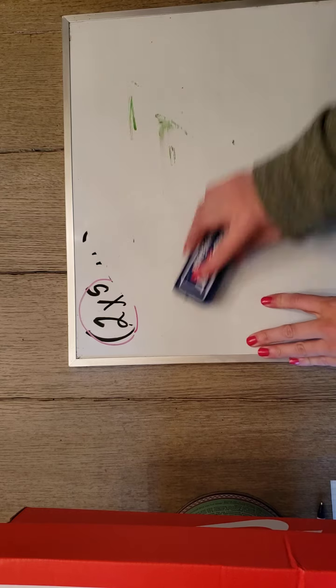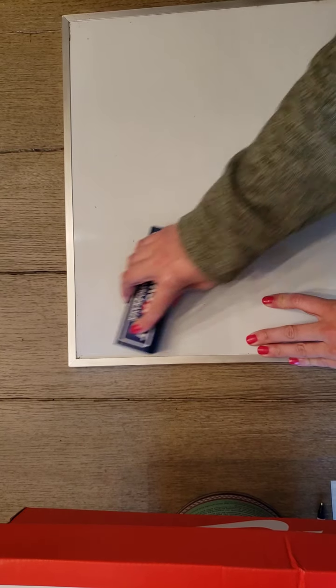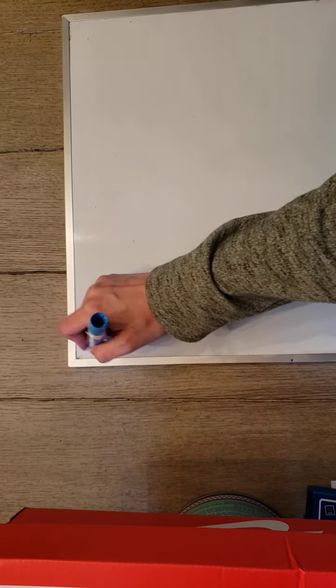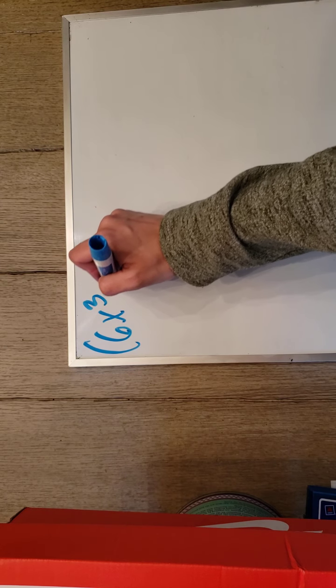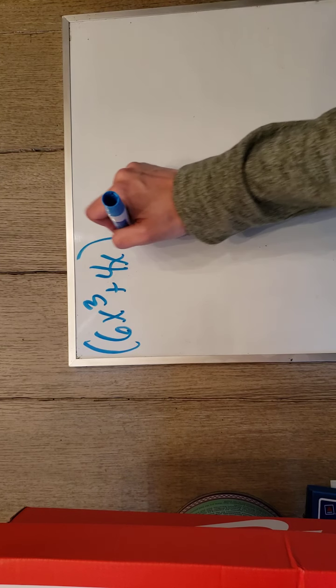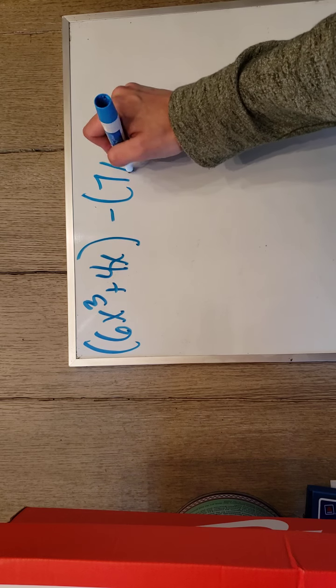All right. You are going to do these on your own. 6x cubed plus 4x minus this.